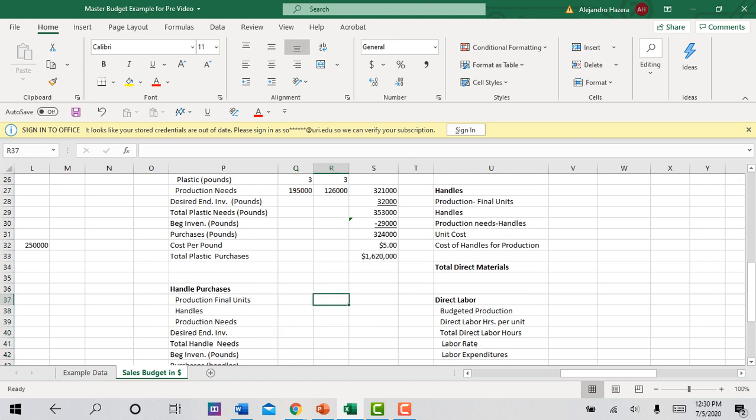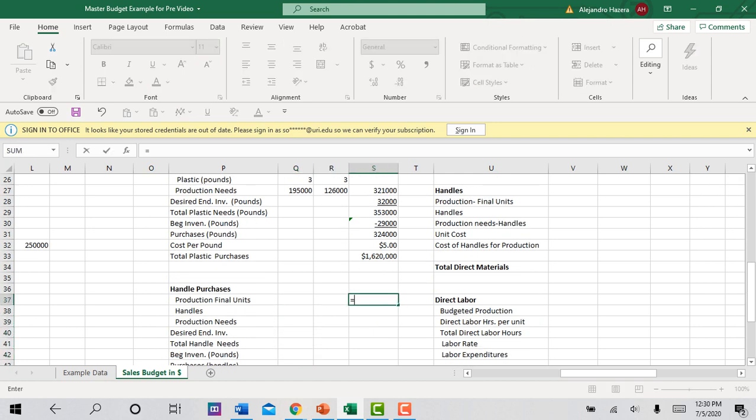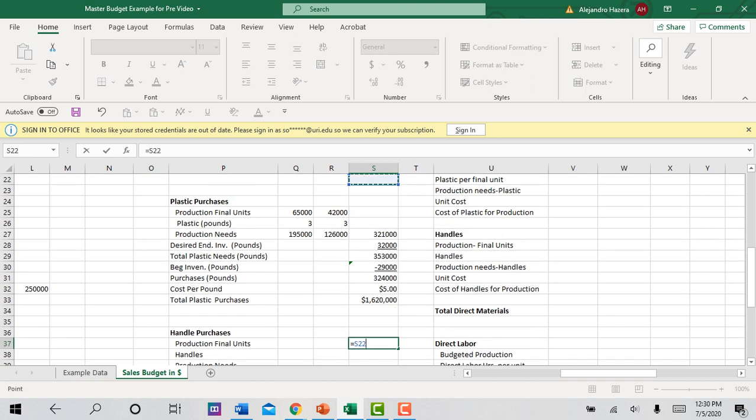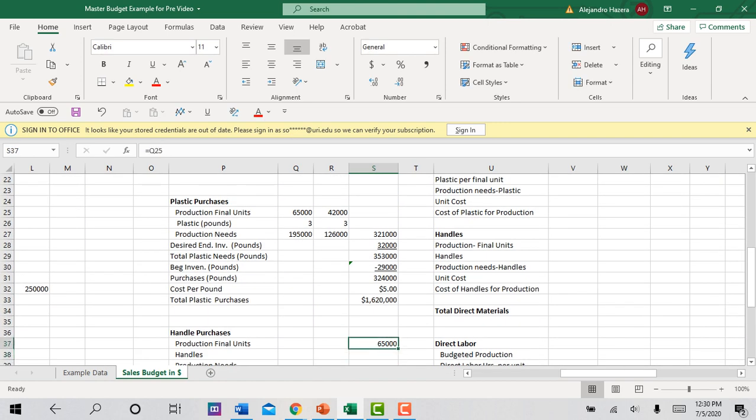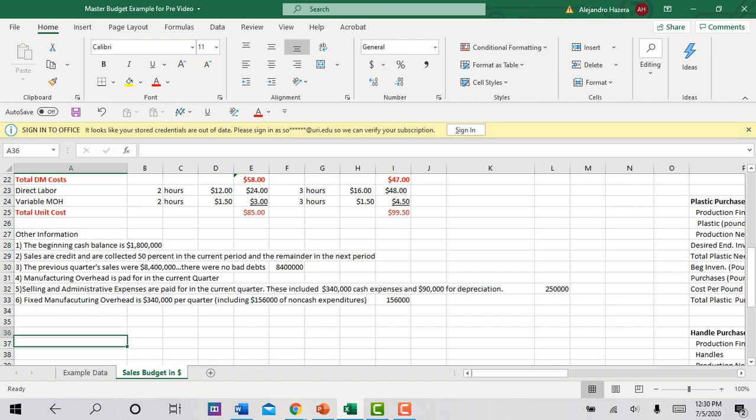Our total production needs are going to be, I'm just going to put it right here, 65,000 for the handle production. Just a minute. I want to make sure of this.